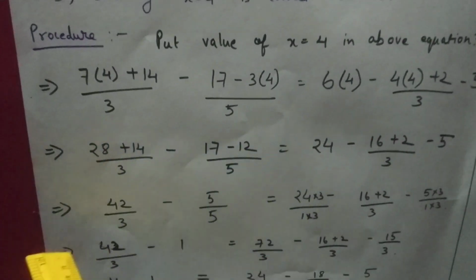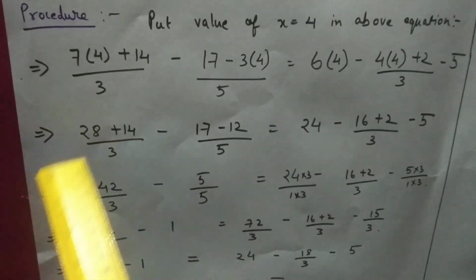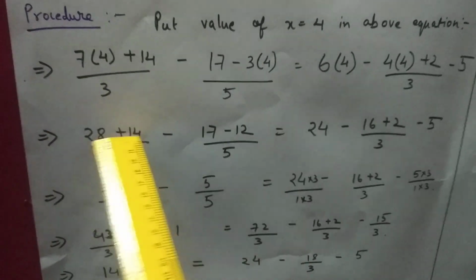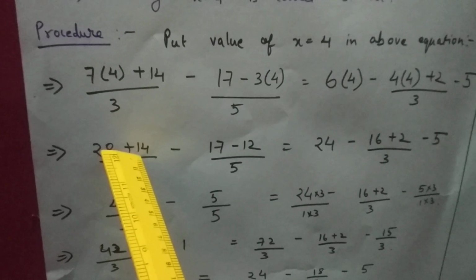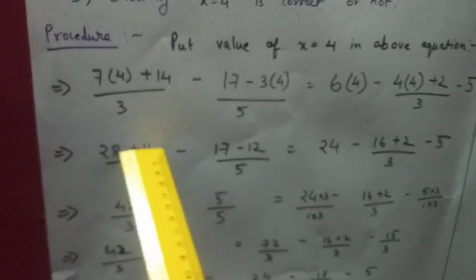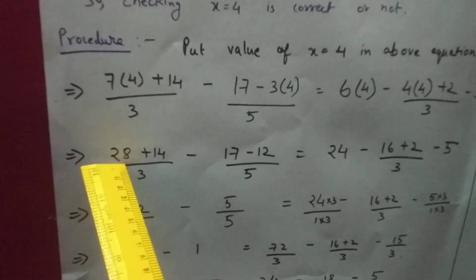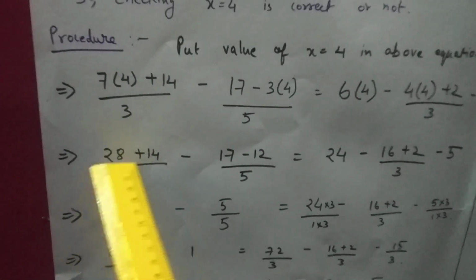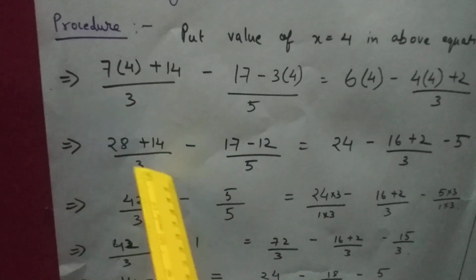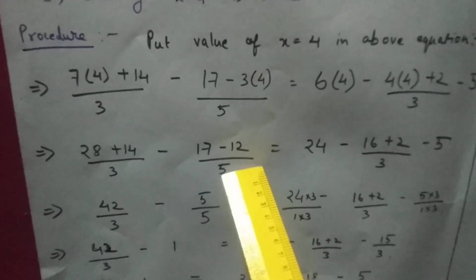Now next step, we will solve this 28 plus 14 simply, because 28 has a positive sign and 14 has a positive sign, both signs are same, so we will add 28 and 14. 28 plus 14 is 42, so we will note it down like this. Now check here.